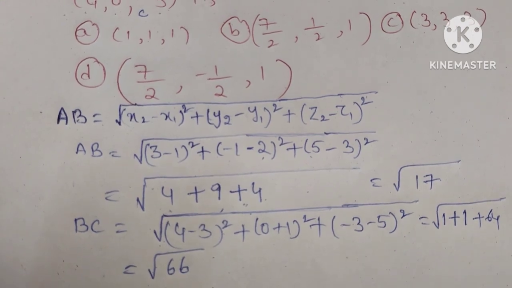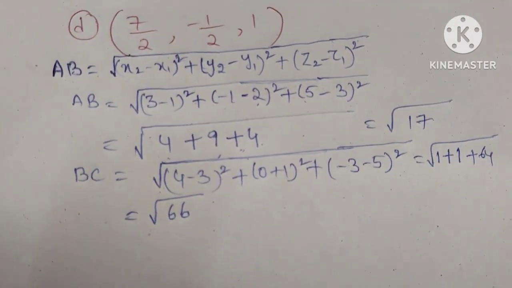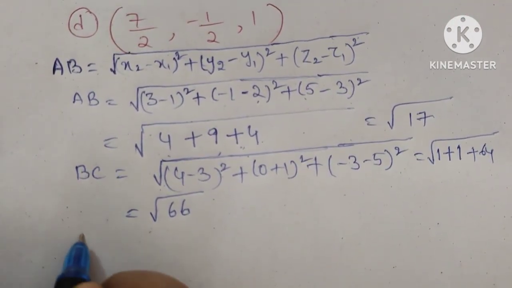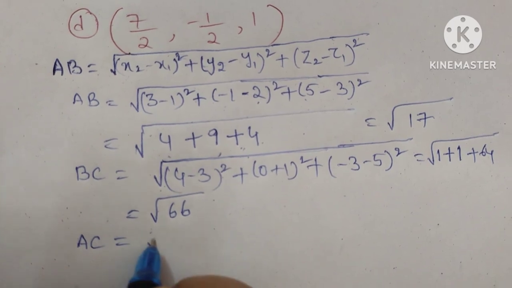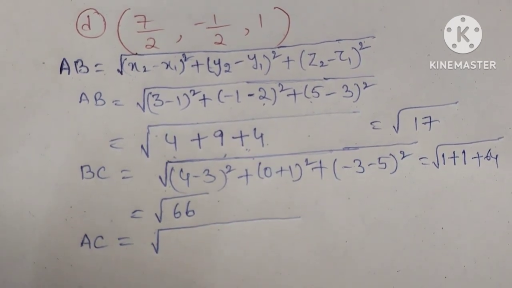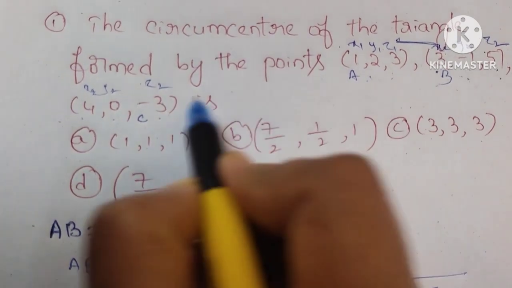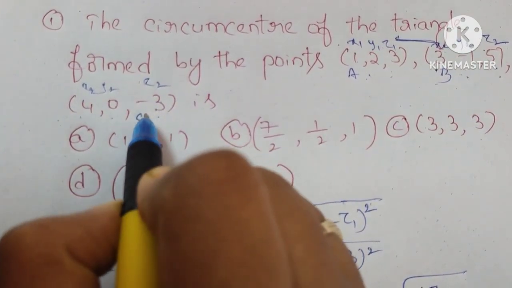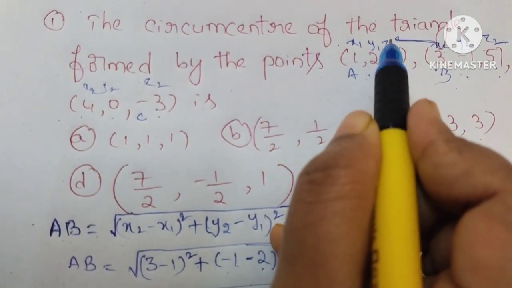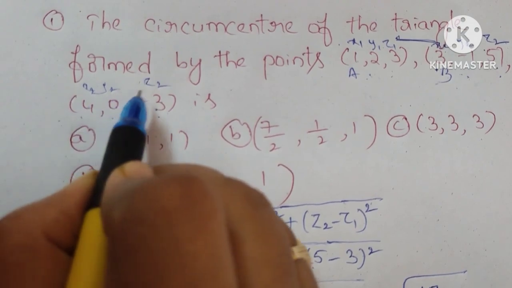Next, the distance between A and C. Select any one point as x1, y1, z1, and the other point as x2, y2, z2.